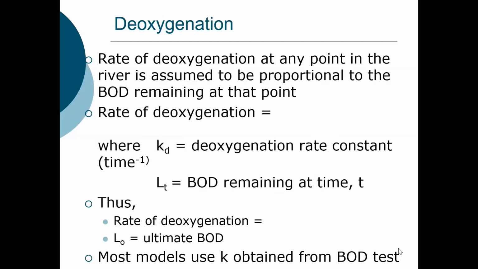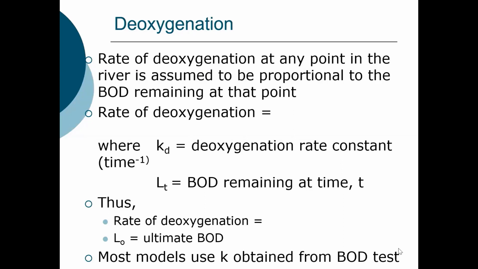As mentioned, the mathematical model of the decay of dissolved oxygen levels in a stream, so the Streeter-Phelps model, is dependent on both the rate of deoxygenation and the rate of reaeration.